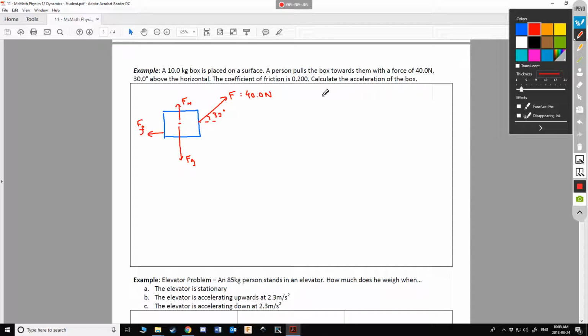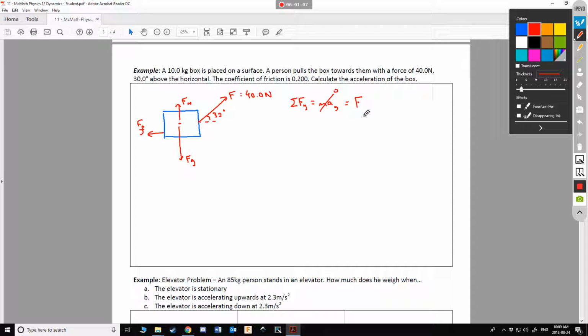So we remember from the previous one, we saw that the sum of the forces in the y direction must equal mass times acceleration in the y direction. Again, because we know this thing is moving left or right, not up or down, we know this acceleration is equal to 0. So net force in the y direction is 0. What forces are acting in the y direction?